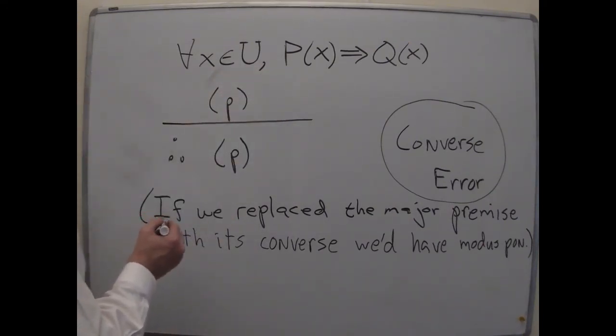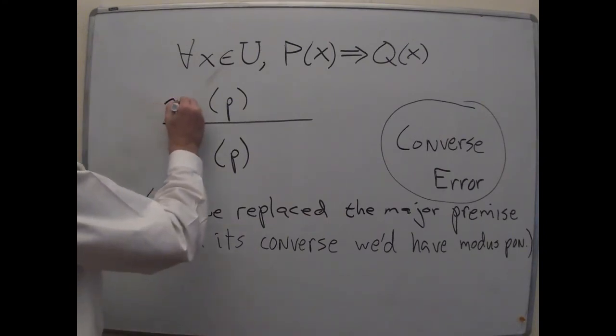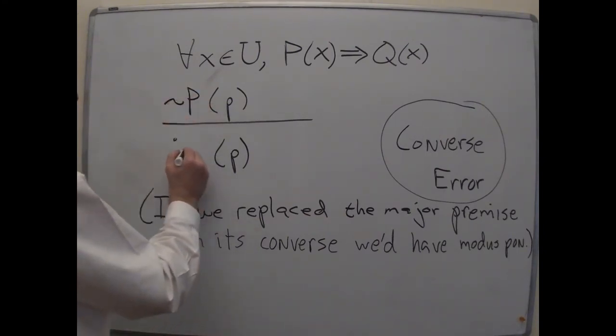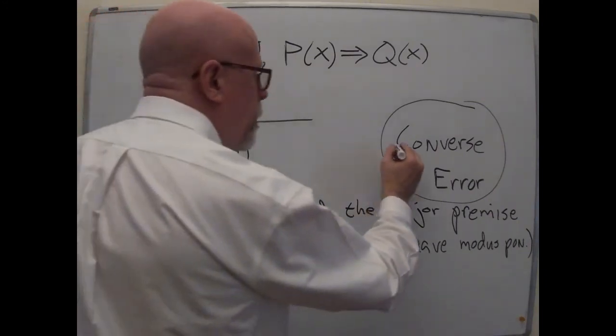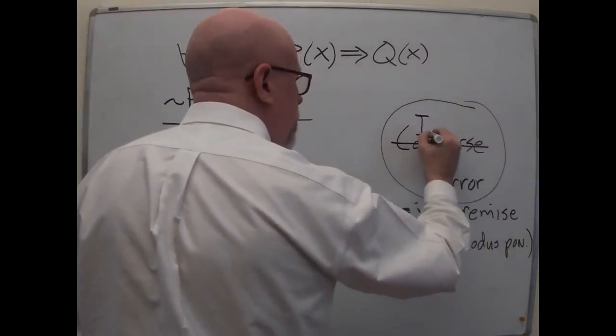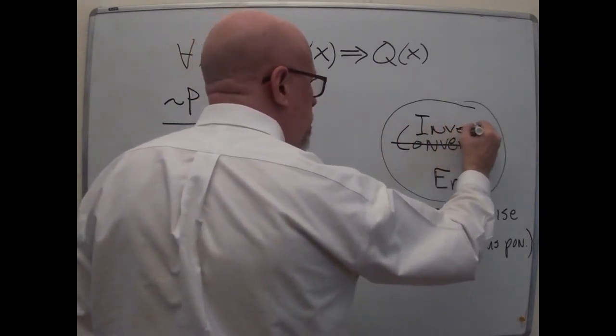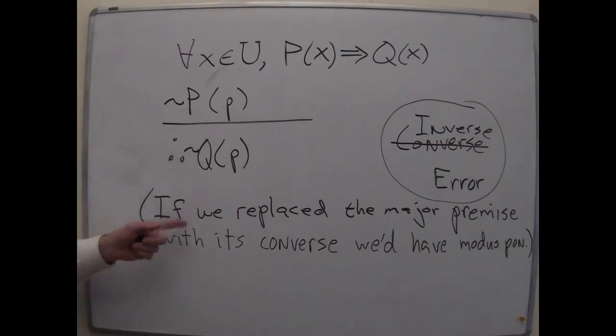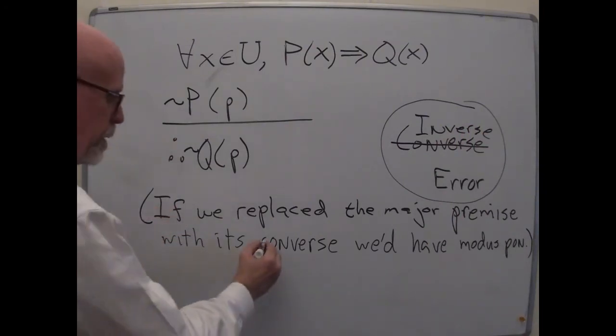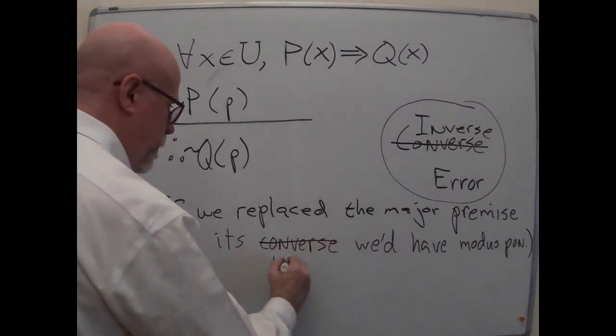If I'm trying to do the inverse error, it would be the negation of P applied to p, and our conclusion would be the negation of Q applied to p. So that's no longer the converse, but rather the inverse error. Why? If we replace the major premise with its inverse, it would be modus ponens.